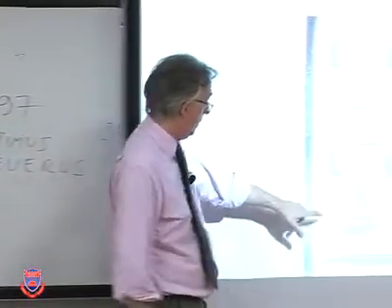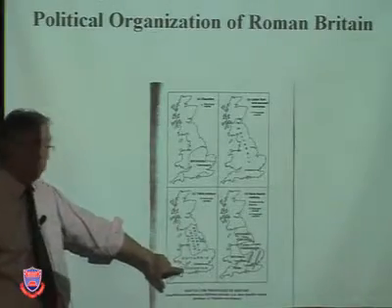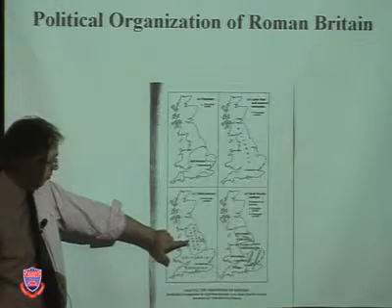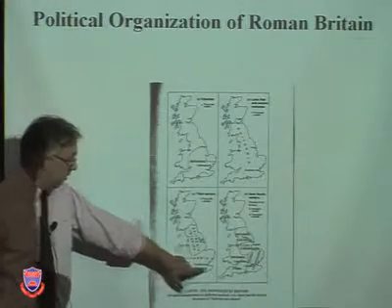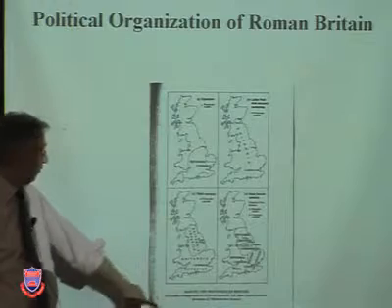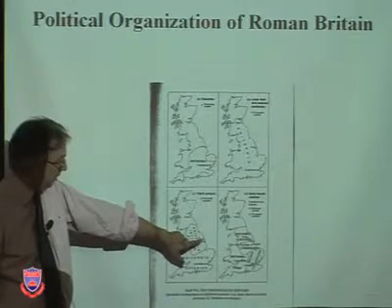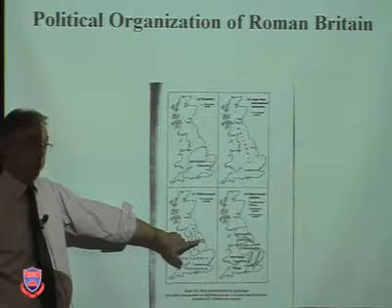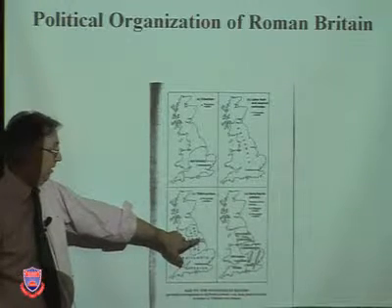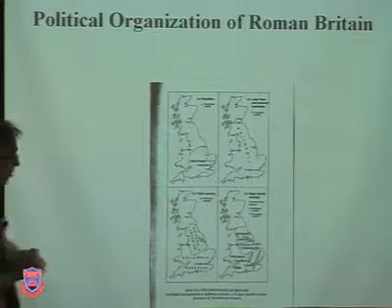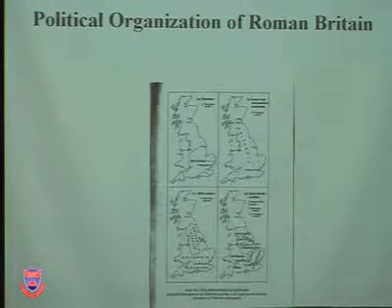So now we have in the south Britannia Superior and in the north Britannia Inferior. London remains the capital of Britannia Superior, and Britannia Inferior was governed from York, where there had originally been a legionary fortress, and which now becomes the provincial capital for Britannia Inferior.